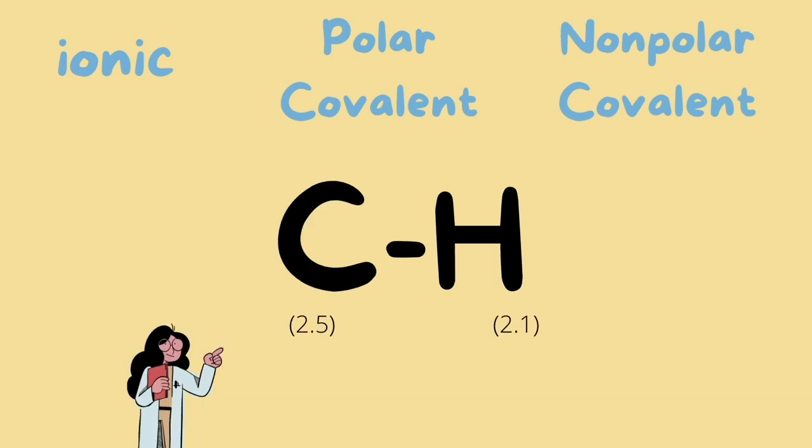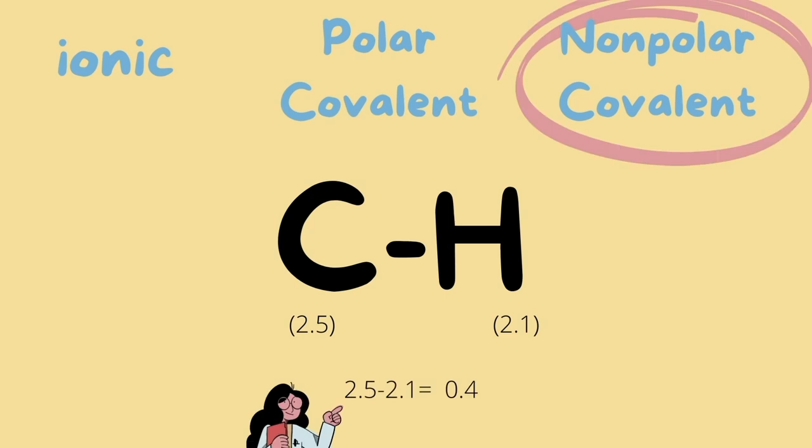How about carbon and hydrogen with the values of 2.5 and 2.1? This is a non-polar covalent bond because if we look at the difference between the two electronegativity values, we get 0.4.